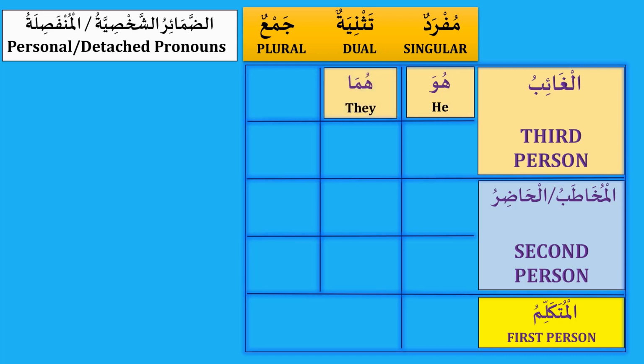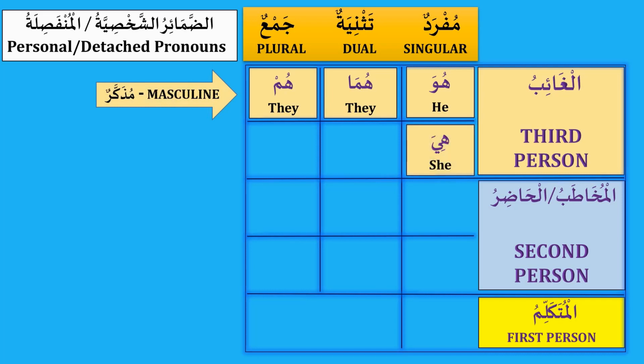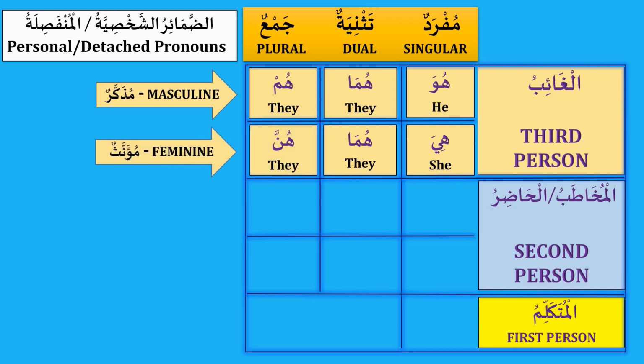Huma, they for dual. Hum, they for plural. And these are mudhakkar or masculine. Hiya, she. Huma, they for dual. Hunna, they for plural. And these are muannath or feminine.